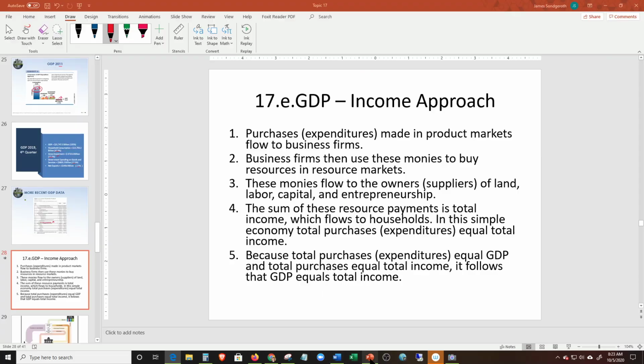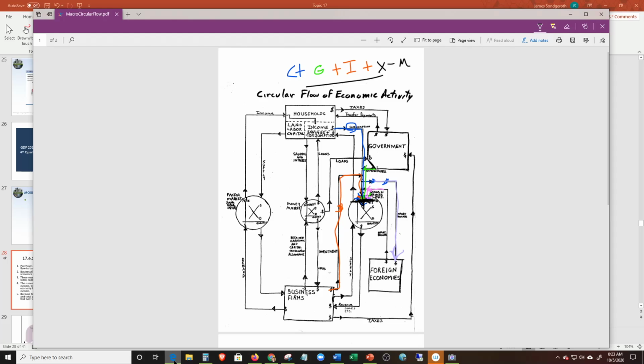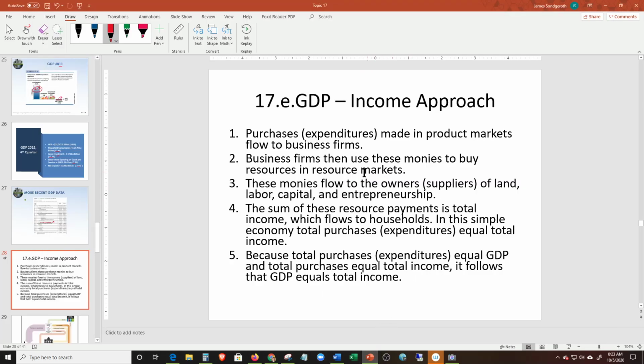All right, now we go to the income approach, and basically purchases made in product markets, of course, flow to business firms. And so here is the product market, and that money flows down here to business firms, okay? Business then use the money to buy resources in the resource market.